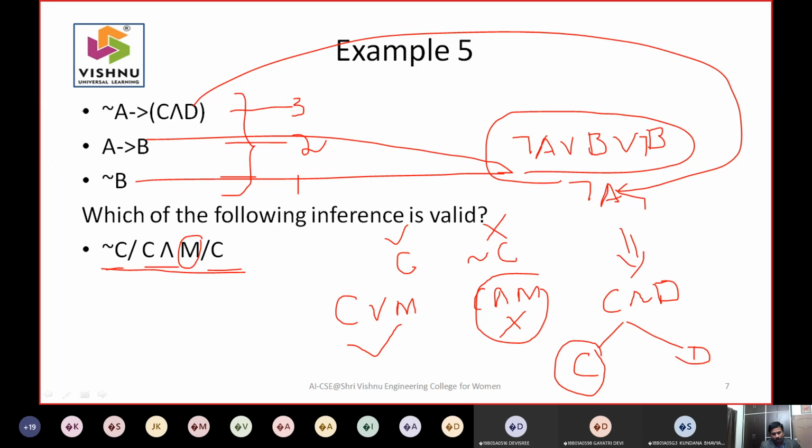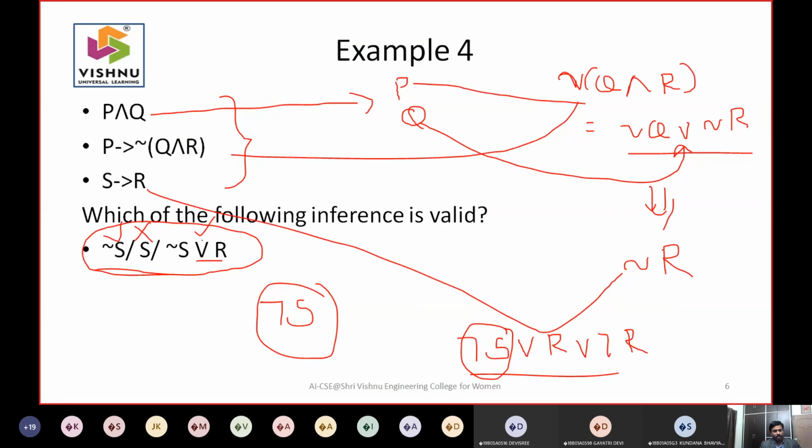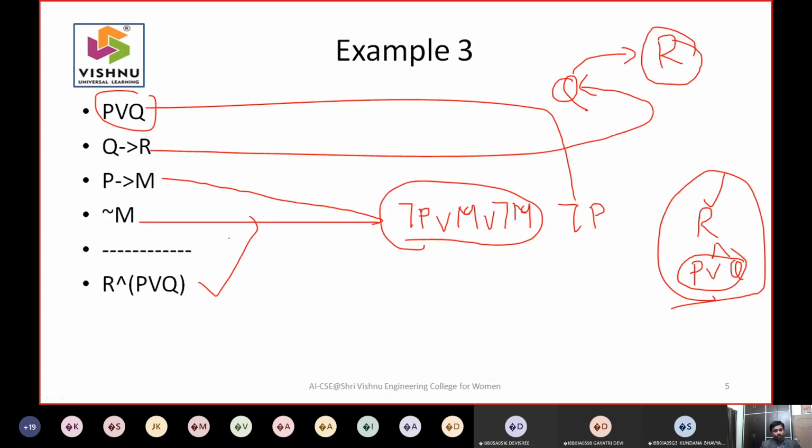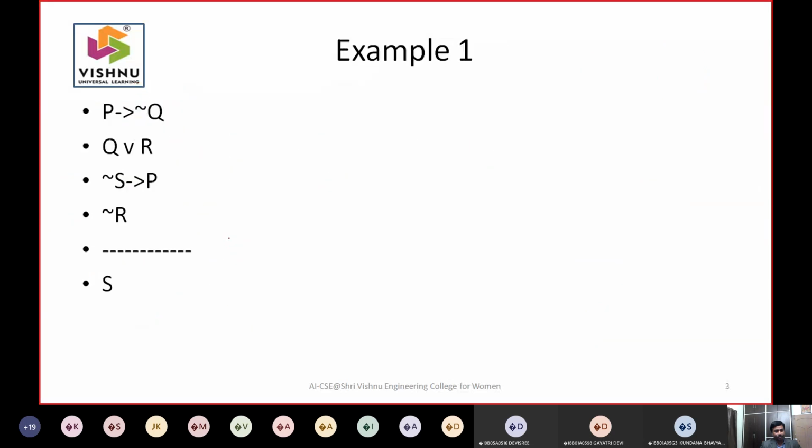M was not there in any of the 3 statements. We are talking about R here, but R was there in the earlier statements. You need to be very careful when this type of thing is asked. When you add something like R, when R was there in the statements, you should be more careful. If R is not there, there is no problem. So all these are very important. So this is what your 7th example says.